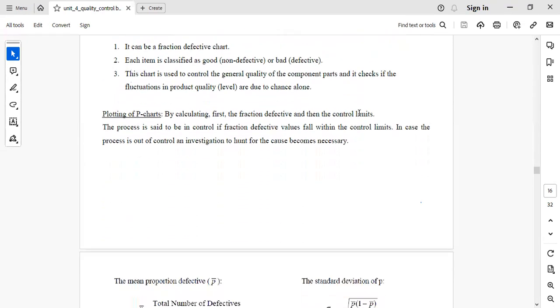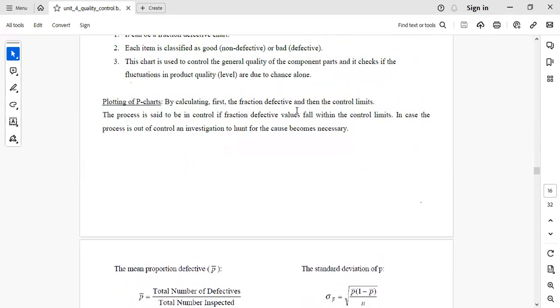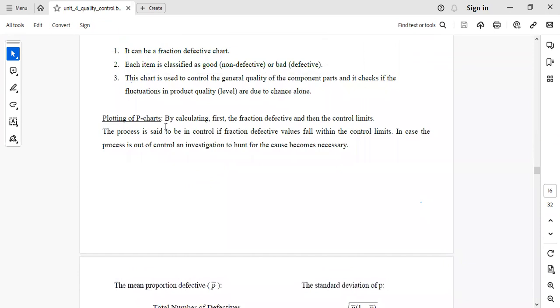So now, how do you go about plotting? Because that is mainly what is of interest here. So you first calculate and get the fraction defective. So if you have produced 100, then you must count to see how many out of the 100 are defective.